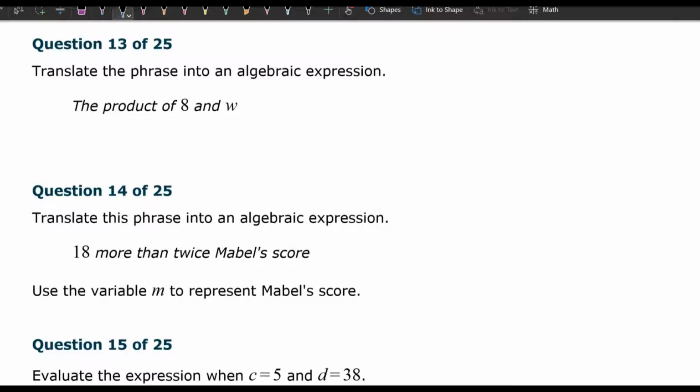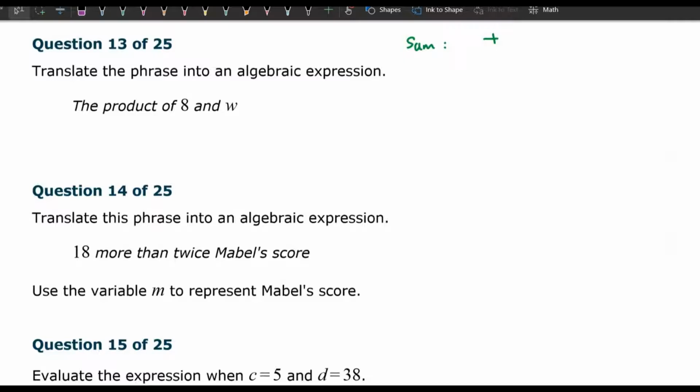So you're going to decode the sentence into a math expression. When you hear sum, it means addition, along with more than, more, plus.